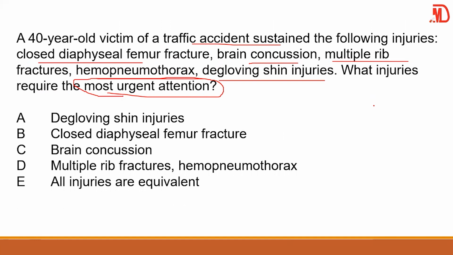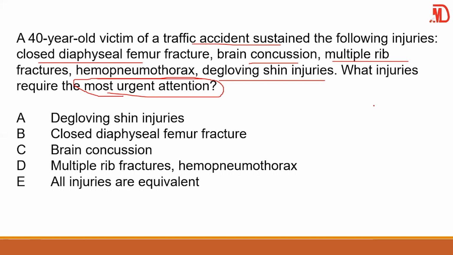Anytime there is a road traffic accident, what we are looking for is whether the lungs, the heart, and the brain are intact. These are the first things we look at. Very good. So with all these things taking place, which one of them should we attend to first?